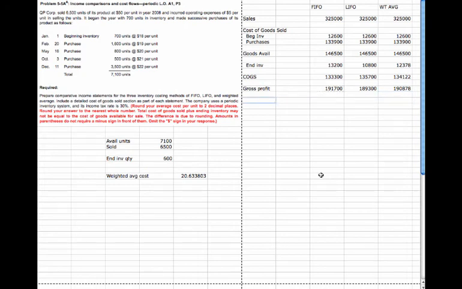Now, according to this problem, they said our expenses were going to be $5 per unit sold. So my expenses will be calculated out, and they'll be the same for all of them because we sold the same number of units, 32,500.